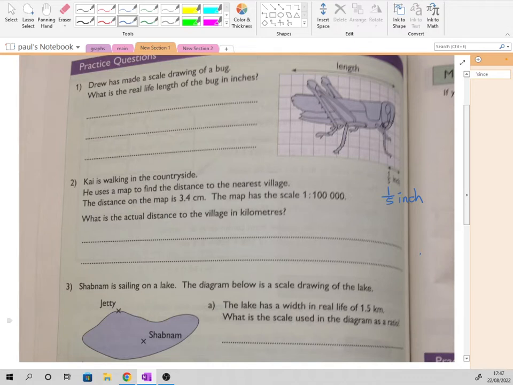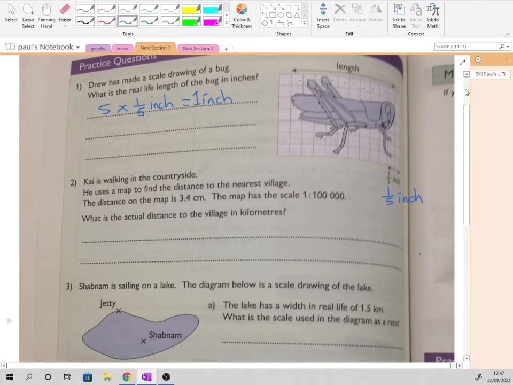Now, if he's made a scale drawing of the bug, how do we know what the scale is? They haven't told us. So each 2 squares is 1/5 of an inch. So we've got 1, 2, 3, 4, 5. 5 times 1/5 of an inch equals 1 inch.